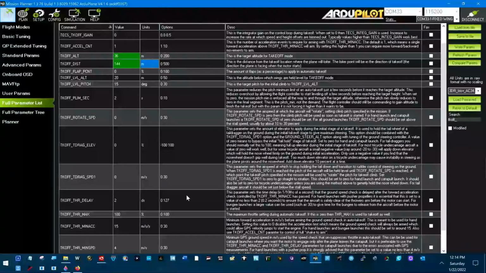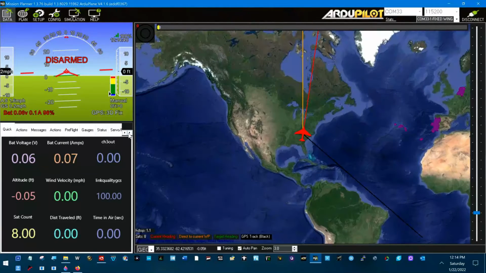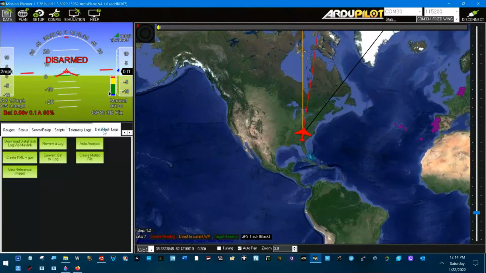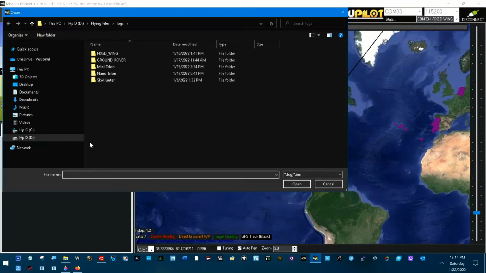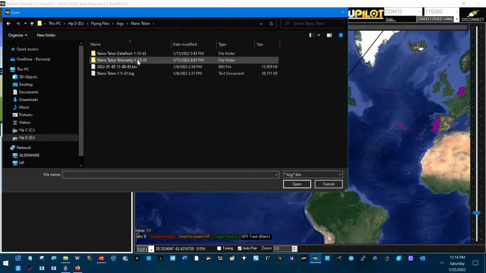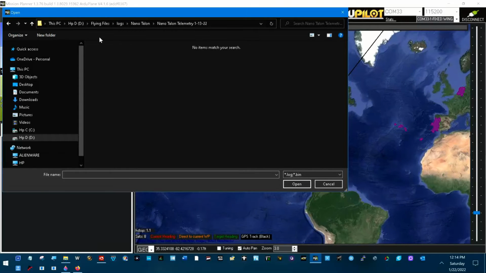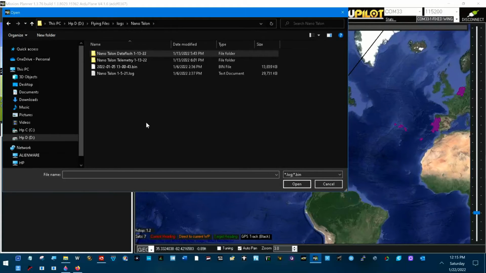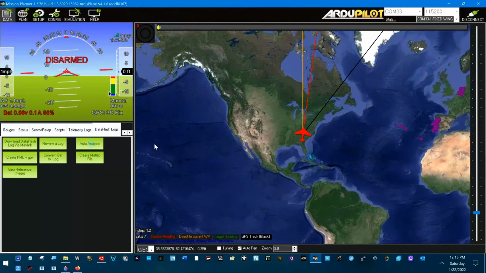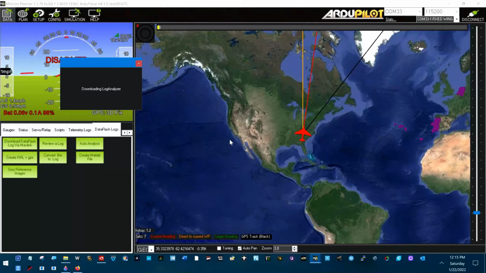I have a secondary problem with that platform in that for that last flight, on the data flash logs, I had some compass problems that I need to figure out.